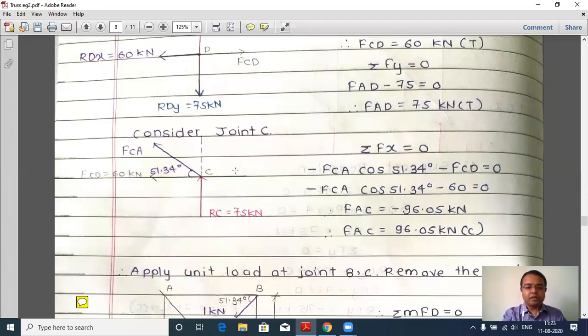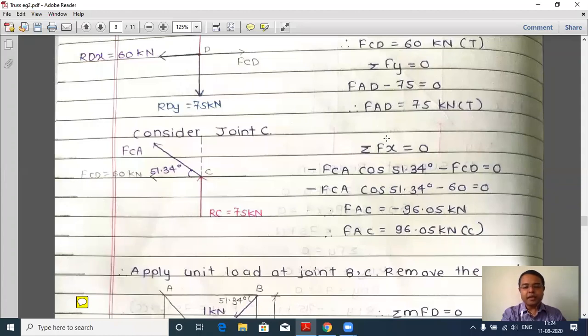FCA is going towards the left, and the horizontal component is the cos component. So FCA cos 51.34 minus FCD, because FCD is also going towards the left side. Forces going towards the left are taken as negative. So what is the sign convention for summation Fx?